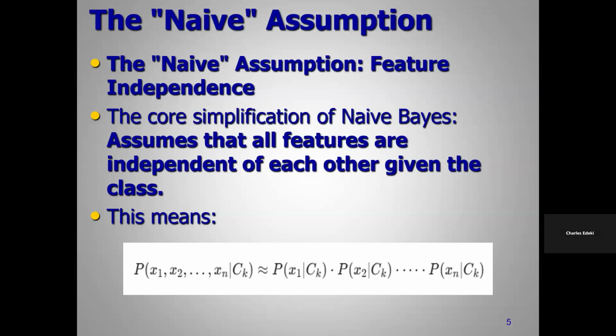Mathematically, this is the formula: the probability of S1 up to Sn given C_k is approximately the product of the probability of S1 given C_k, S2 given C_k, all the way to the end.